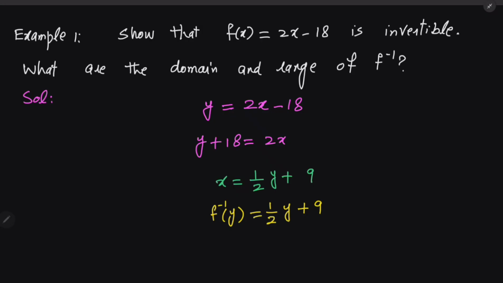So this was equal to x, right? But in mathematics we usually write this function in terms of x only. It is just for convenience. Otherwise, this is just an inverse function.